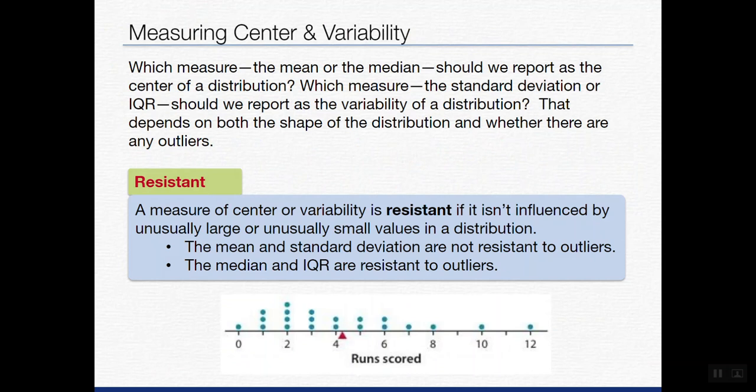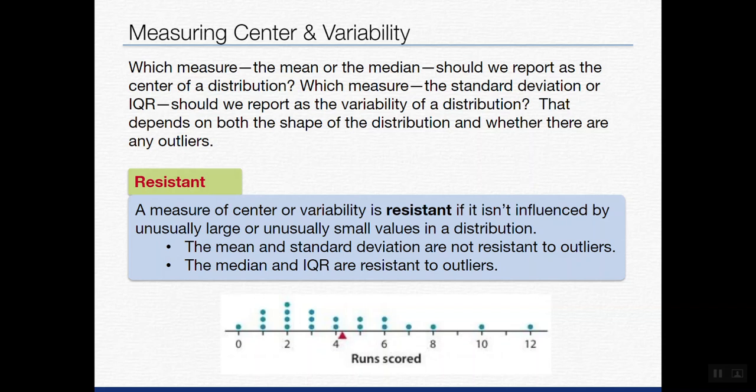If you are given specific values that have been calculated, like the mean, median, mode, range, standard deviation, interquartile range, any of the calculations that we have done, you need to pause and think about whether or not your distribution has outliers, because some measures are more resistant to outliers than others.